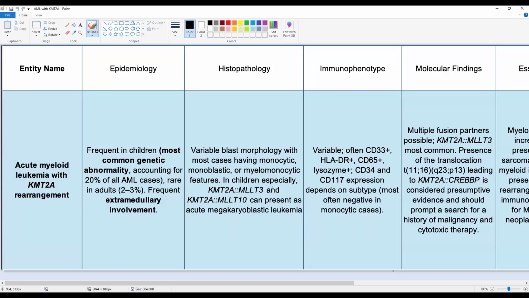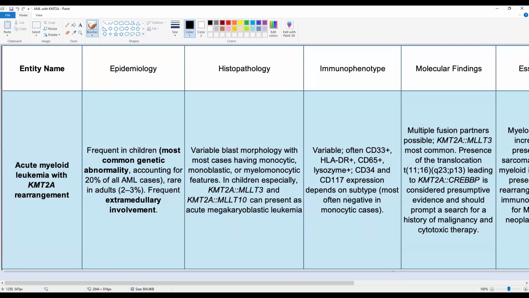Now, let me take you back to our presentation. So we said the blast morphology, most cases have monocytic or monoblastic or monomonocytic features. And in children, when they have fusion with MLL-T3 and MLL-T10, they can present as acute megakaryoblast leukemia.